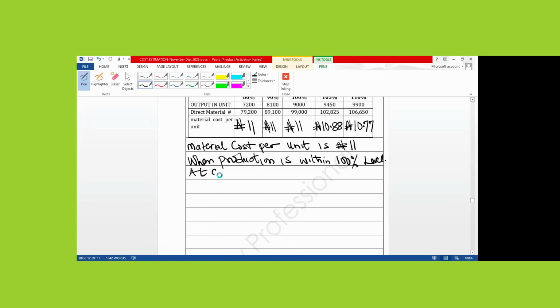Above 100%, material cost per unit falls as production increases.